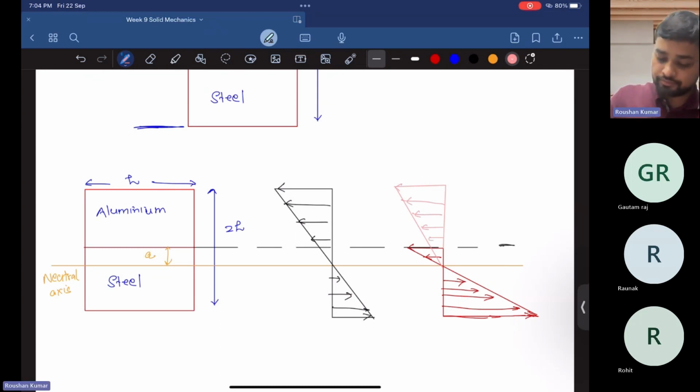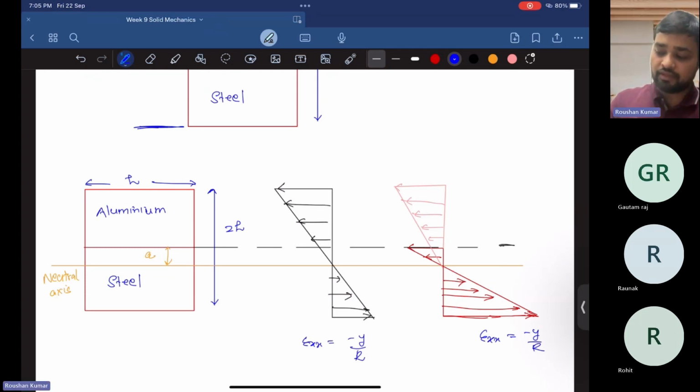Here also epsilon xx is minus y by r, and the resultant of these, the second figure, is basically the first one.